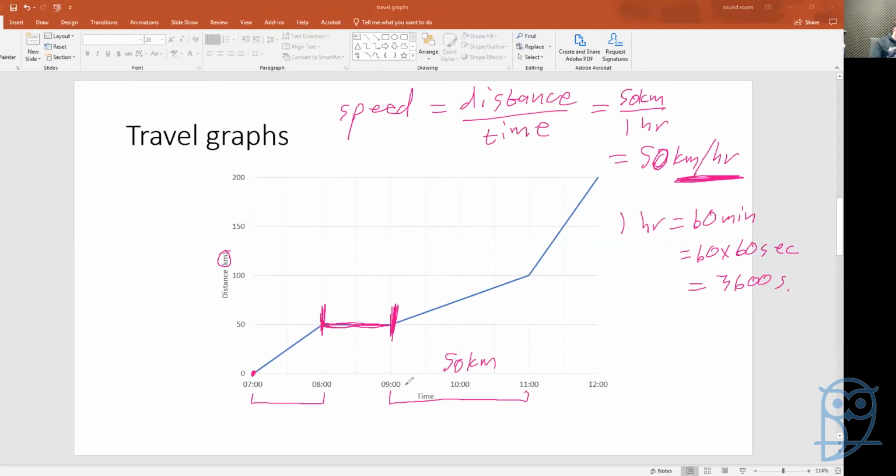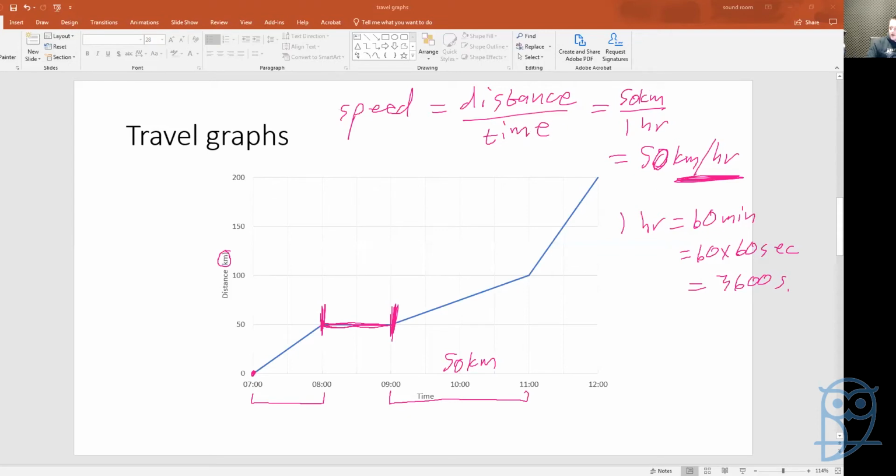The average speed is calculated by dividing the total distance traveled by the total time taken. We know that through our triangle. Calculate the average speed during these 2 hours. Well, average speed being distance over time, the distance they traveled was 50 kilometers.